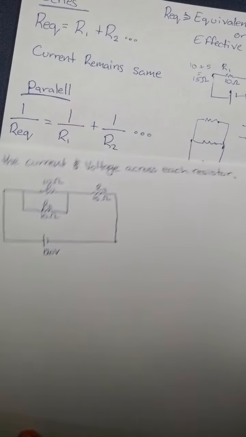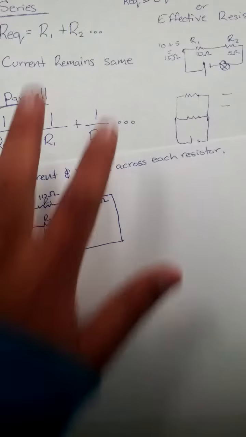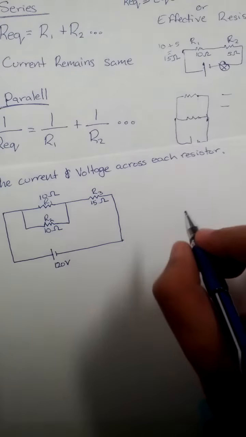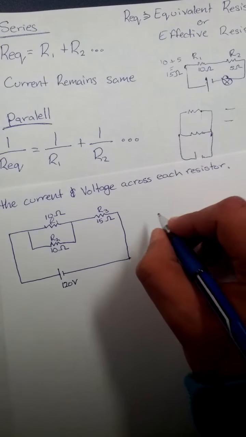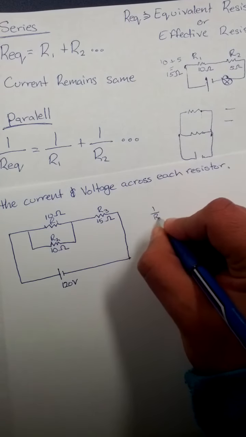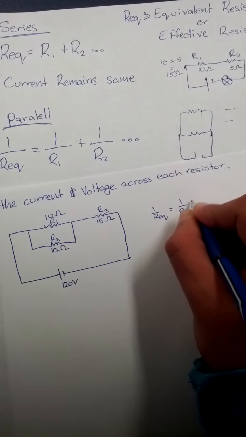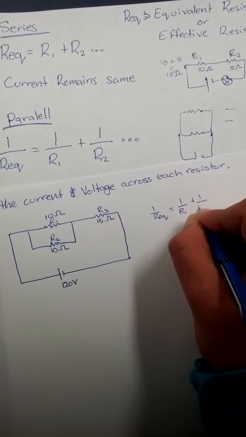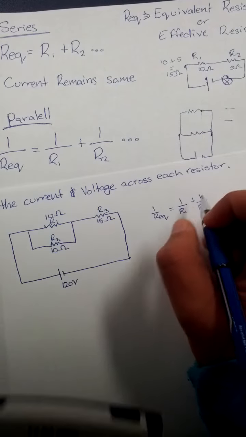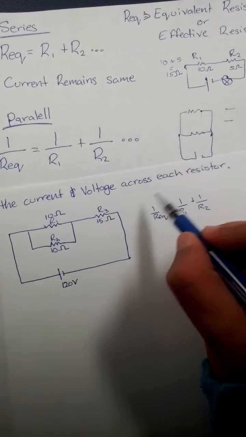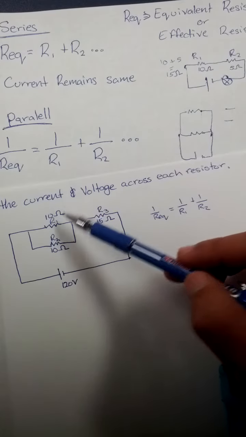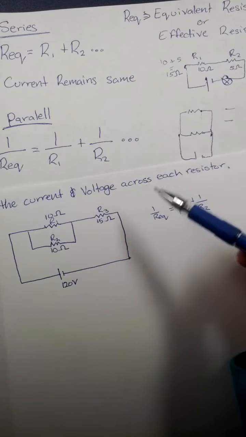Let's write the formula down again though. 1 divided by REQ equals 1 over R1 plus 1 over R2, right? You wouldn't put the dots because there's only 2 resistors in the parallel form.